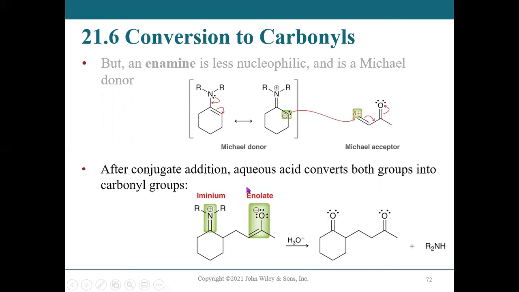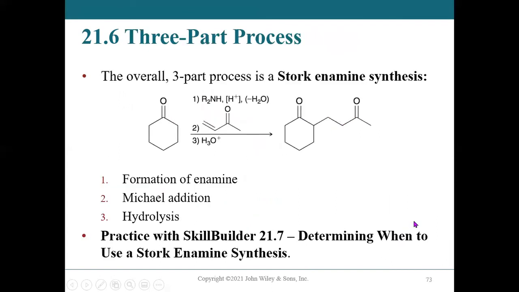And we initially produce this iminium and enolate, and they can both be hydrolyzed under acidic condition to give the carbonyl and carbonyl. So the overall three-part process is the Stork enamine synthesis.